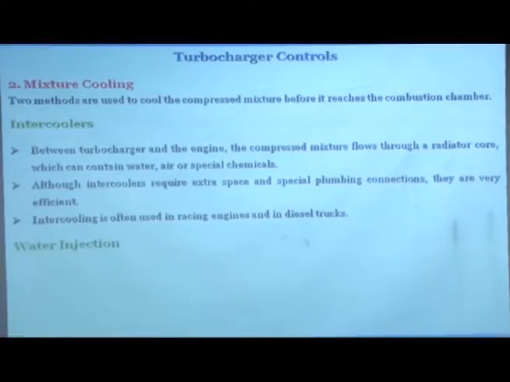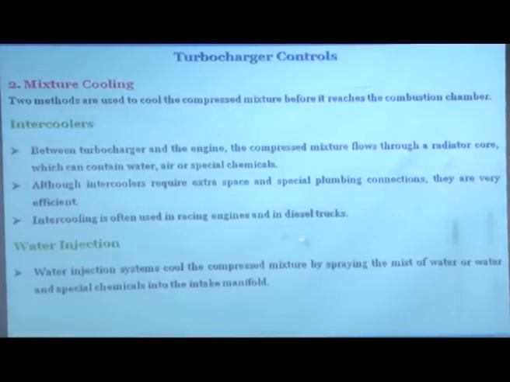The second thing is that you can inject water. Water is a very high latent heat fluid. Once you inject water into the hot intake air, what will happen? It will evaporate, and once it evaporates, it will reduce the temperature of the intake air. Water injection systems cool the compressed mixture by spraying a mist of water, or water and special chemicals, into the intake manifold.